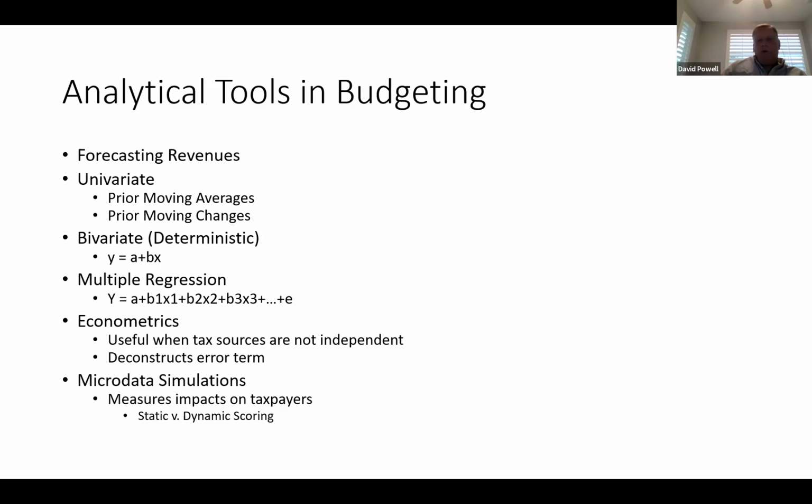In dynamic scoring, it's more stochastic in that you are saying the impact is going to change over the years. Yes, in year number one, we may see less revenue coming into federal government coffers because of these tax cuts, but these tax cuts will return money to people's pockets, which means they're going to go out there, spend more money, create businesses, and create jobs.